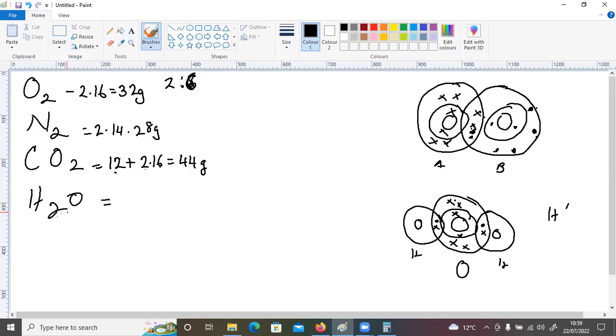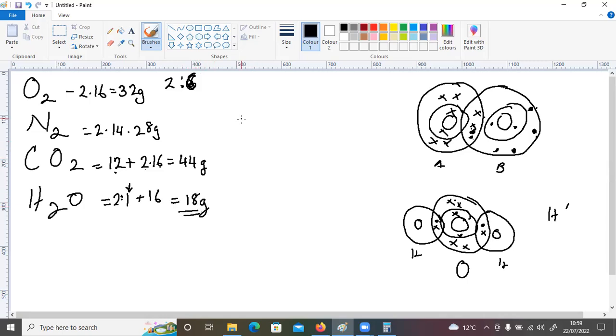The mass of a water molecule will be 2 hydrogens, which is 2 multiplied by 1, because each hydrogen has a mass of 1, plus 1 oxygen, which is 16, which becomes 18 grams.